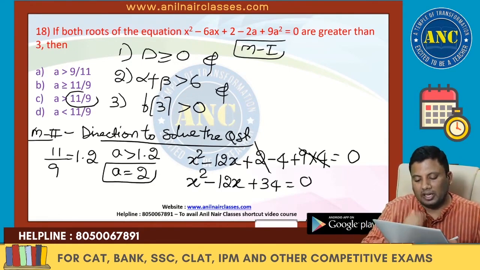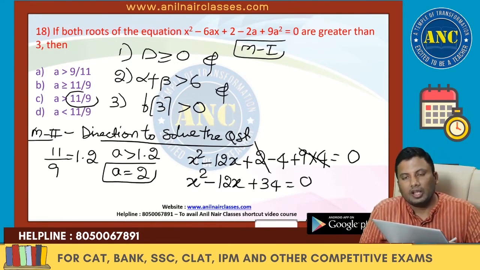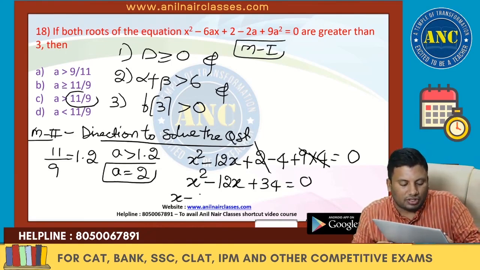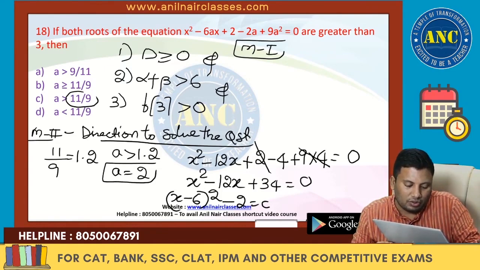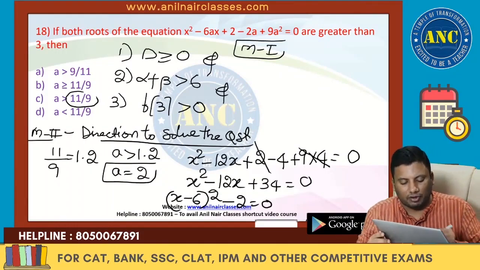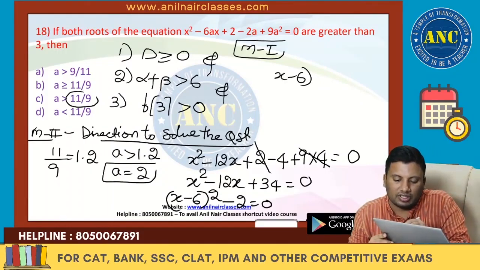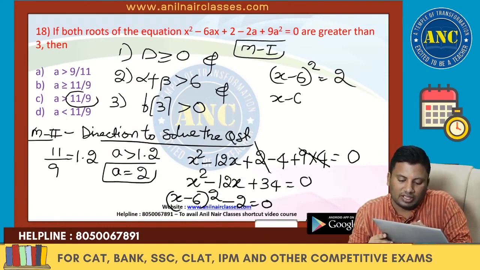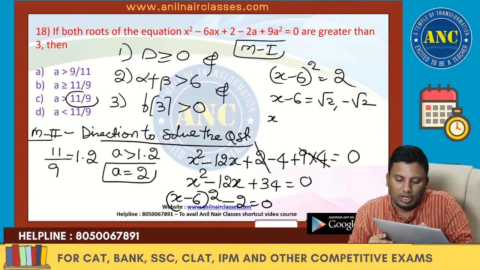X square minus 12x plus 34 equivalent to 0. This is x minus 6 whole square minus 2 equivalent to 0. So, x minus 6 square is nothing but 2. So, x minus 6 will become root 2 or minus root 2. X will become 6 plus root 2 or 6 minus root 2.